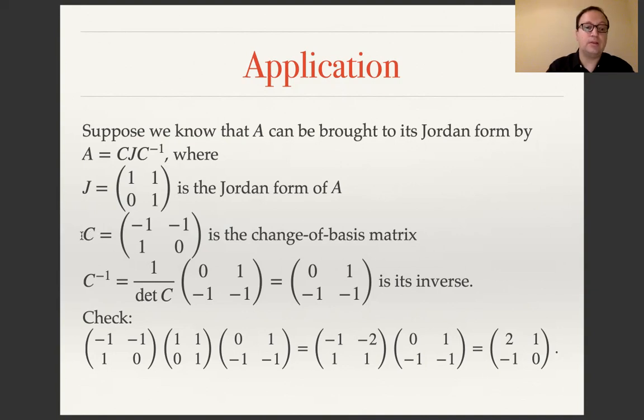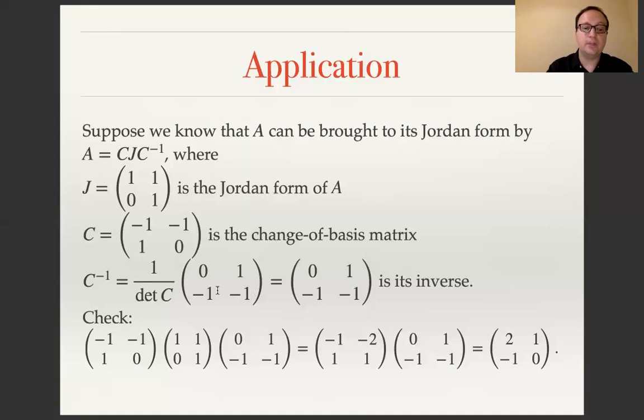Okay, and the change of basis matrix is -1, -1, 1, 0. And then the inverse of the change of basis matrix, so C inverse, is 1 over the determinant of C times this matrix 0, 1, -1, -1. So please review finding the inverse of a matrix.